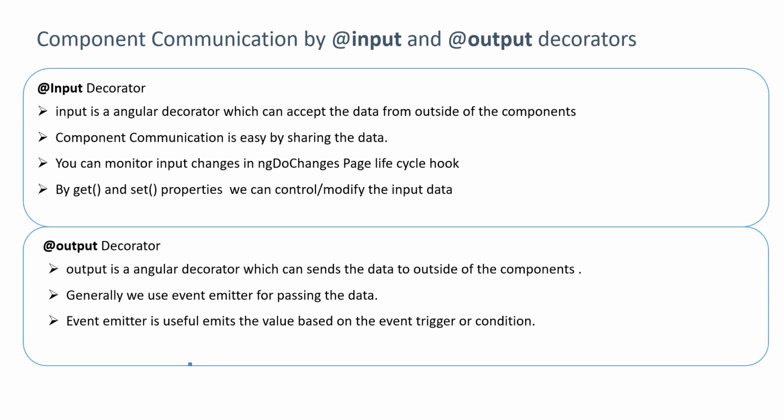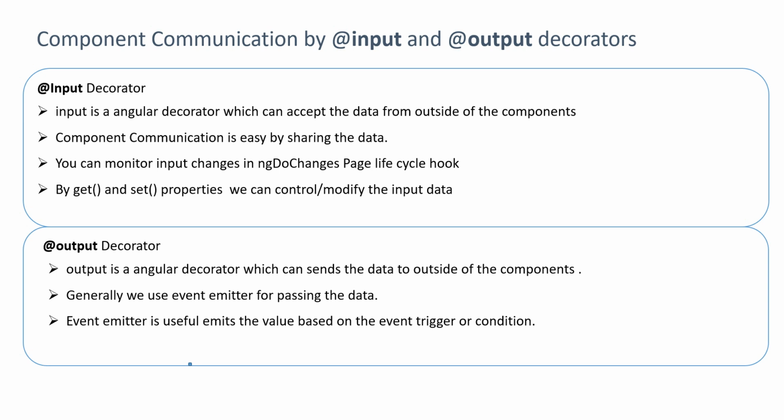If you want to control or access the component, or conditionally show the data in the component, then you have to use get and set properties. If you want to see the changes made through the input parameter, then you have to use the ngOnChanges lifecycle hook. All these concepts we can cover by using code.